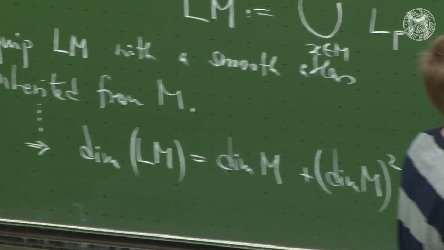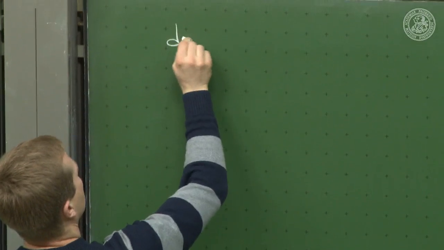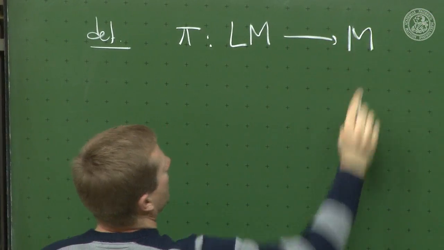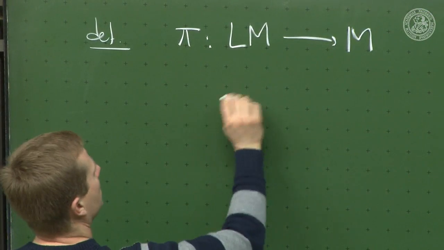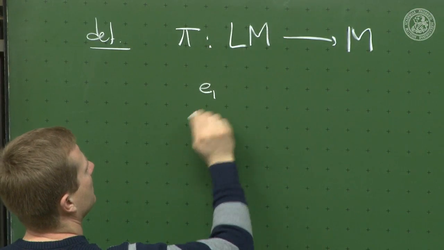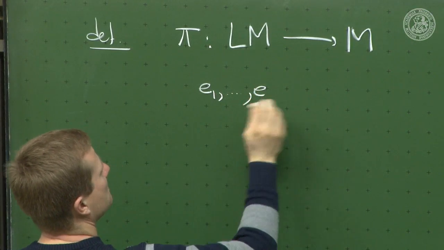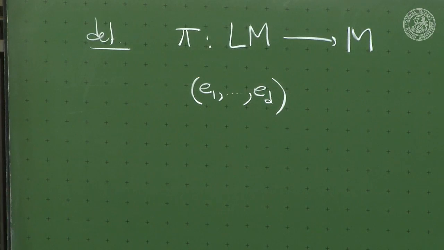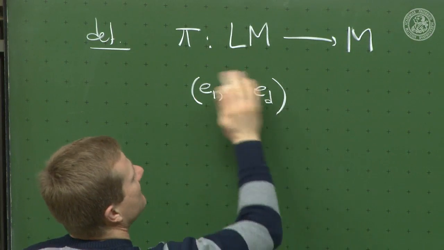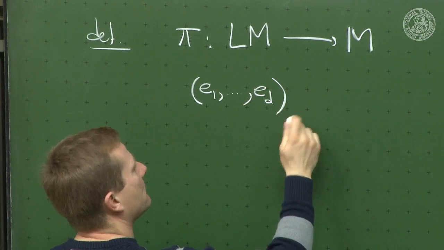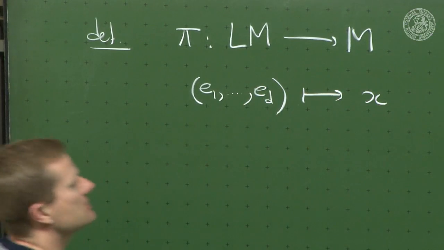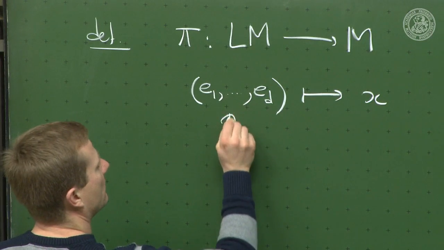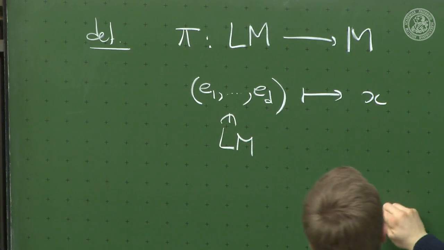Now, there's something missing. What we still need is the projection map. So we define the projection map pi from LM down to M, and this is now the apples and pears thing. So if I take an element from here, it's necessarily of this form. So let me write D for the dimension of M. It's necessarily of this form, but you take this and look at it and say, oh, it's an apple, so you know at what point it is defined, and this unique point you assign to it. So the logic is this is from LM, and then you assign to it the x.